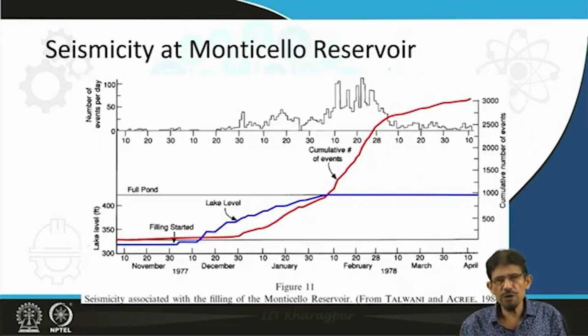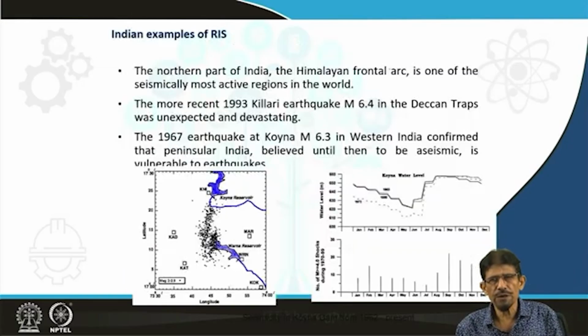Seismicity at Monticello we have already discussed in brief. The Indian example, we have the Koyna earthquake, famous worldwide, and a lot of studies we have done on the Koyna earthquake.